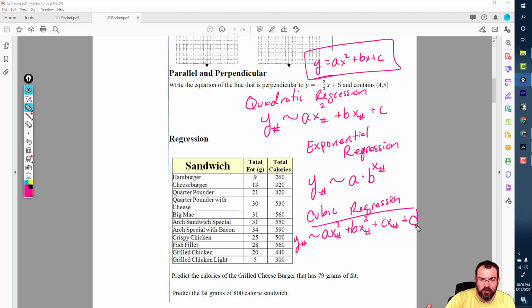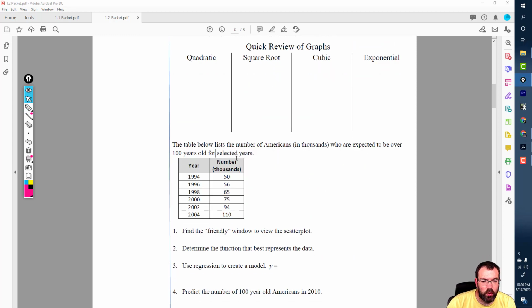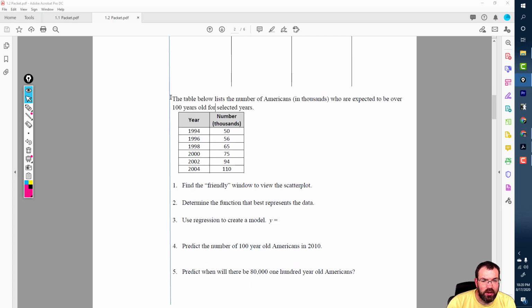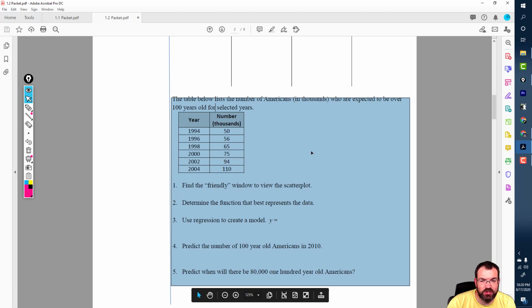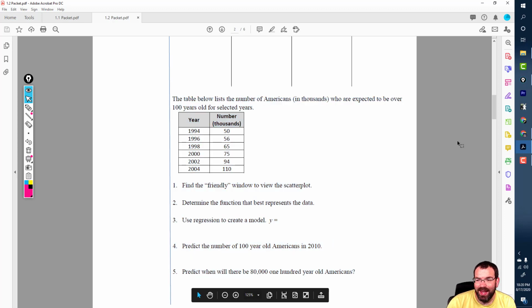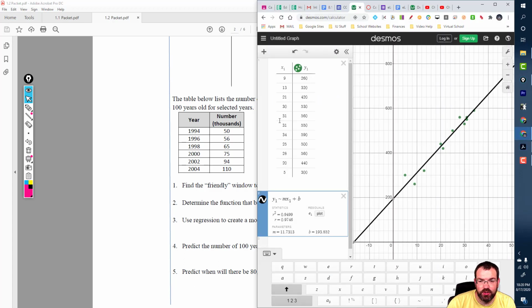Hopefully you have that, or you pause the video, because I'm going to go on to the next problem, which is this one here, the table below and all of this good stuff. So, let's go to Desmos. If you went to Desmos again on a different day, these x sub 1 and y sub 1 might still be there.